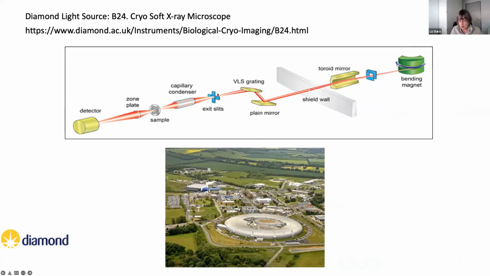Actually, as far as a user is concerned, you don't really need to worry about anything at this point. So we have our source of X-rays here. It emerges from these slits here. And then we have our sample here, and we have a capillary condenser that focuses the X-rays down onto the sample. The zone plate collects the X-rays once they've passed through the sample and are going on to the detector. So fundamentally, it's just a microscope. It just happens to be quite an expensive one, but it's still just a microscope nonetheless.